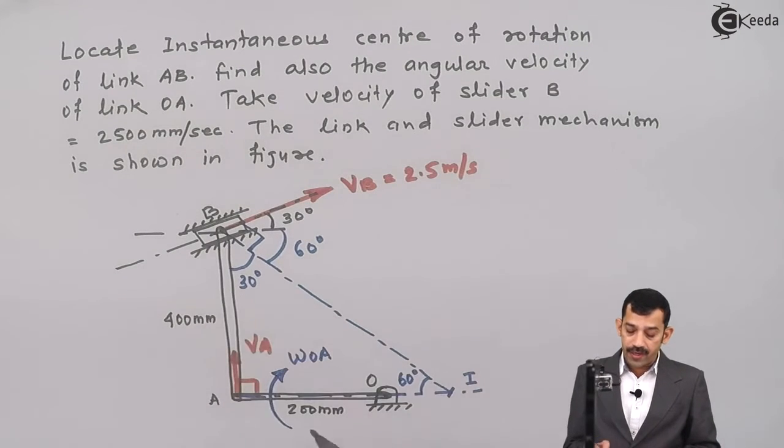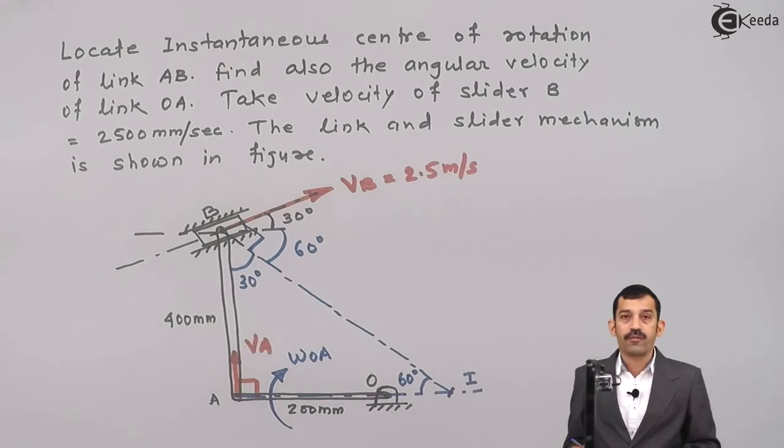For link AB, as it rotates about point I, the direction of omega AB is also clockwise. Next step: in triangle IAB, using the sine rule, we'll find the lengths IA and IB.